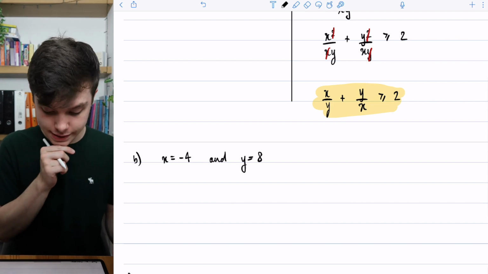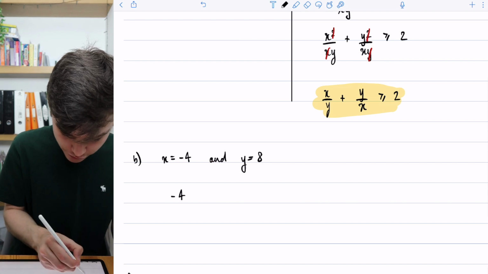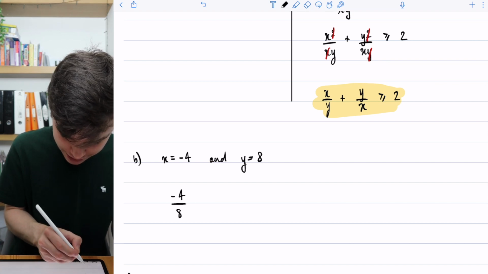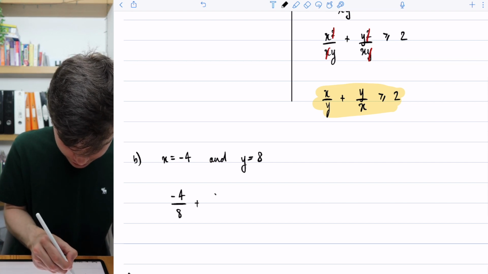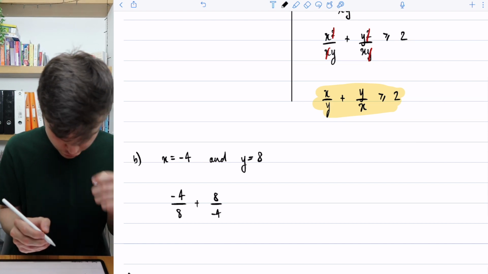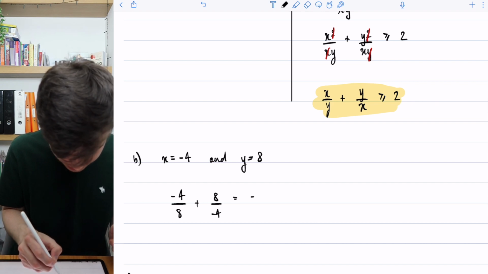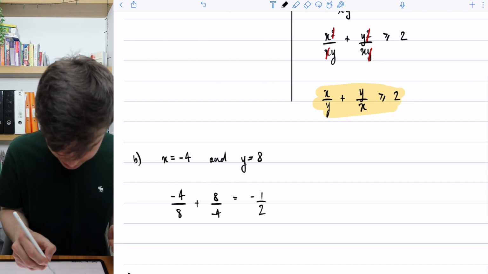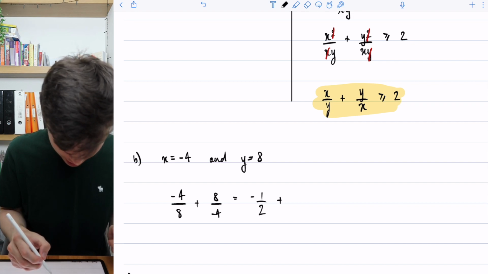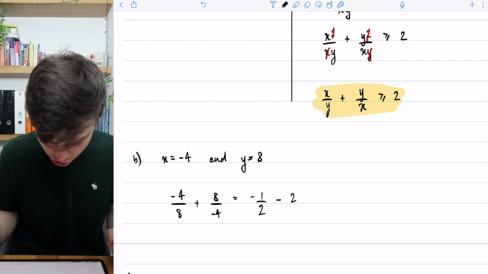But if we try that and see what happens, we're going to have on the left hand side minus 4 divided by 8 plus 8 divided by minus 4. Of course, that is minus 1 over 2, minus a half, plus, well, it's not going to be a plus, it's going to be a negative, isn't it, minus 2.